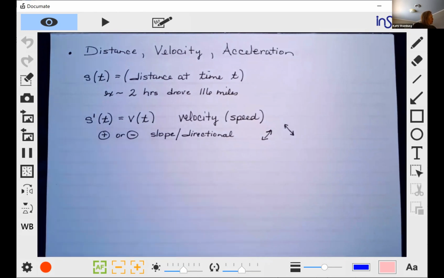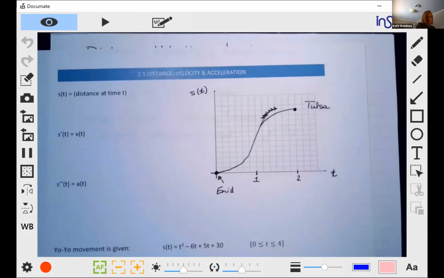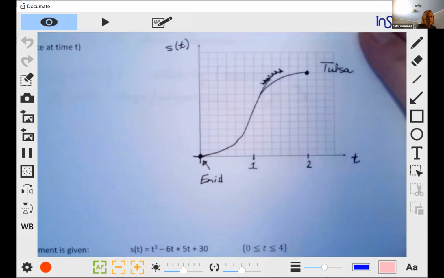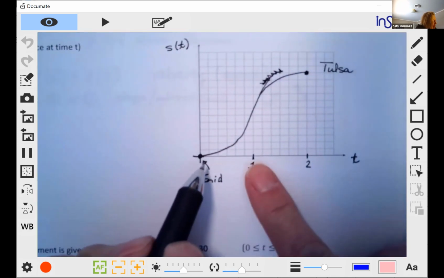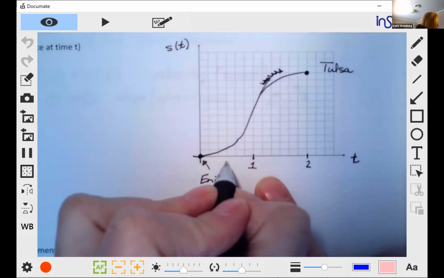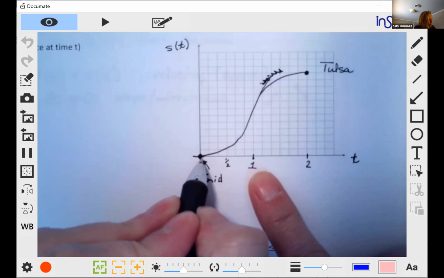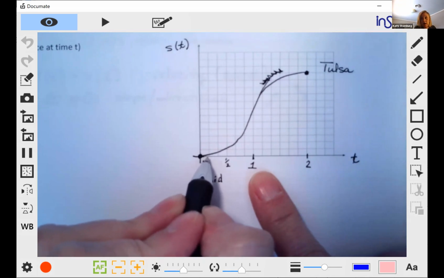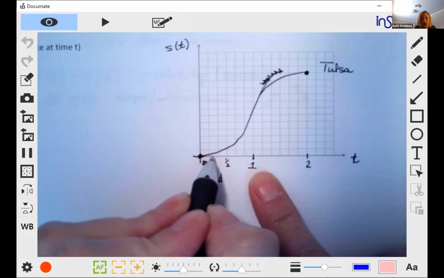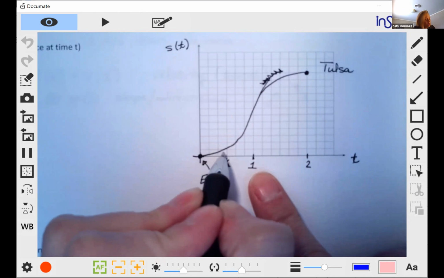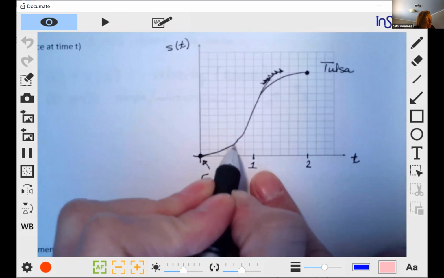And so concerning how that relates to our picture dealing with speed. After 1 hour, here would be a half of an hour. So when you start out in Enid, if I'm still in town, I'm driving slower. And then as I get to the edge of town and I start leaving town, my speed picks up.